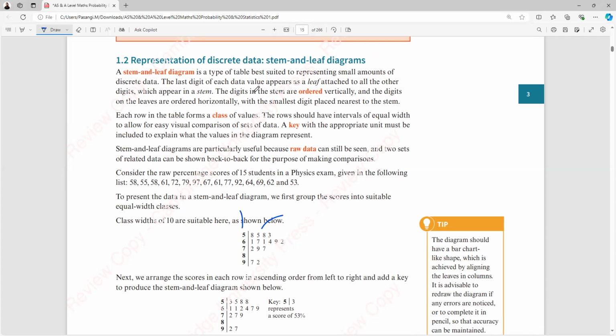So the digits in the stem are ordered vertically, and the digits on the leaves are ordered horizontally, with the smallest digit placed nearest to the stem.